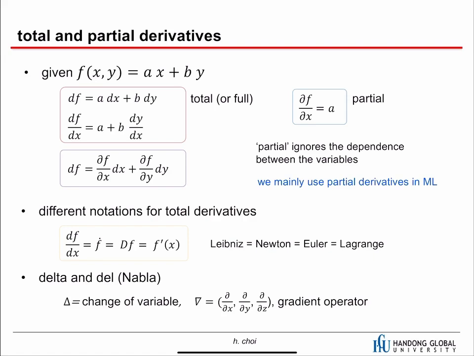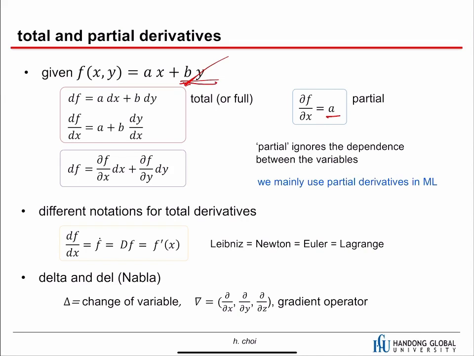But in partial derivatives, we don't care. We just assume that x and y are independent. So when we take a derivative with respect to x, this term is cancelled, because y is independent of x. So the partial derivative result is a.